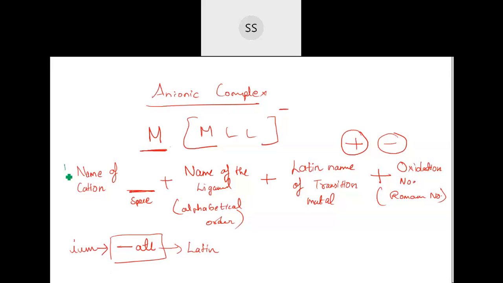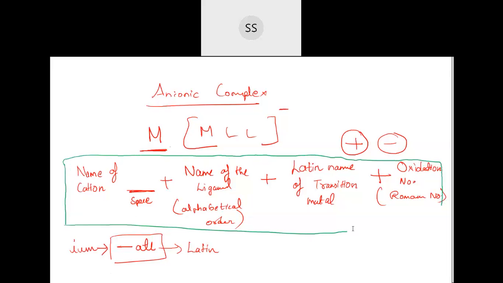So you put this in the box. When you are naming an anionic complex, this should be the order. First you will write the name of the cation, the counter ion, then give a space.